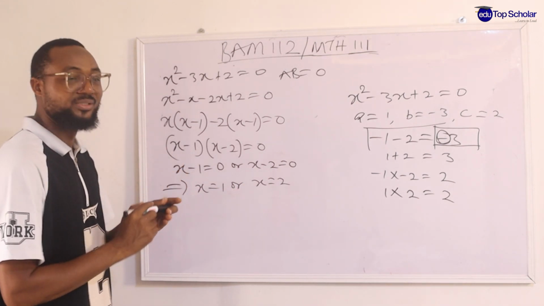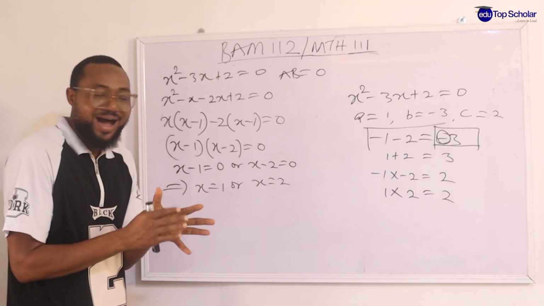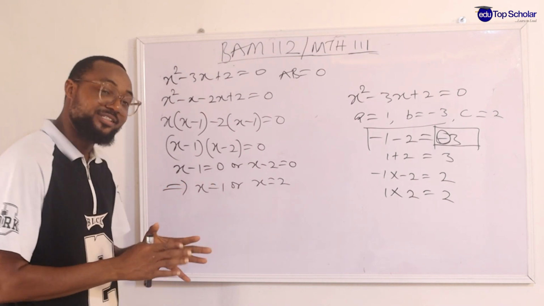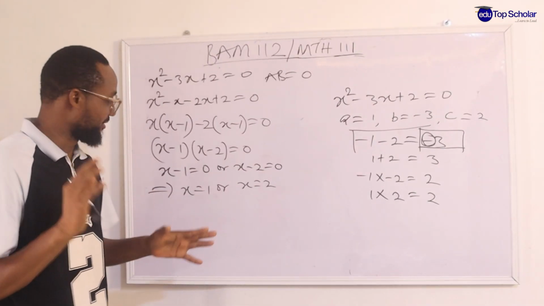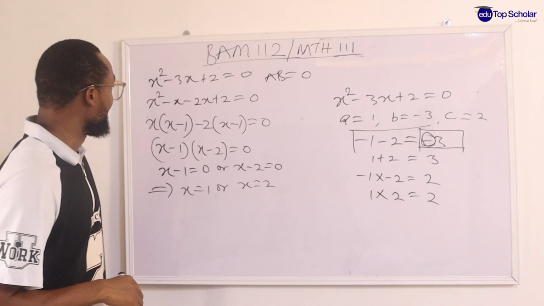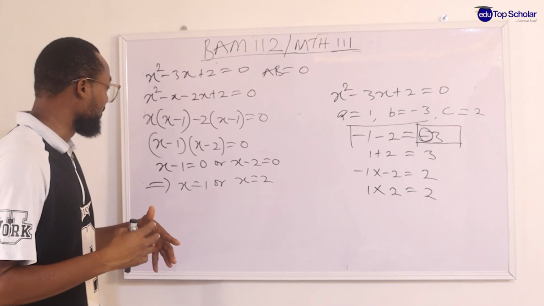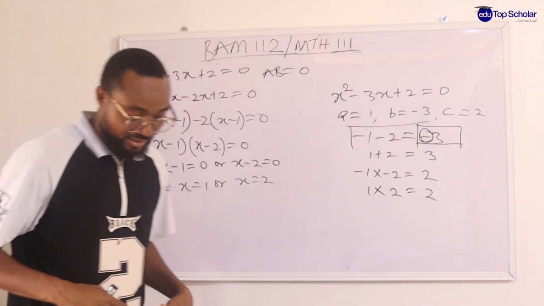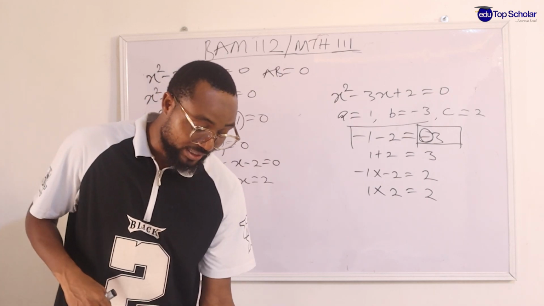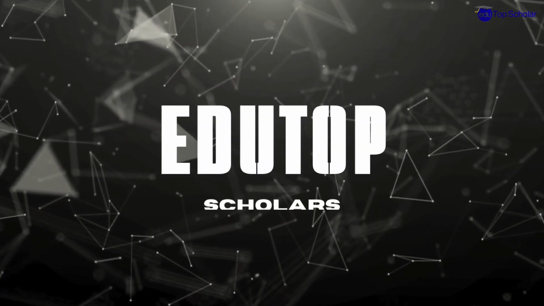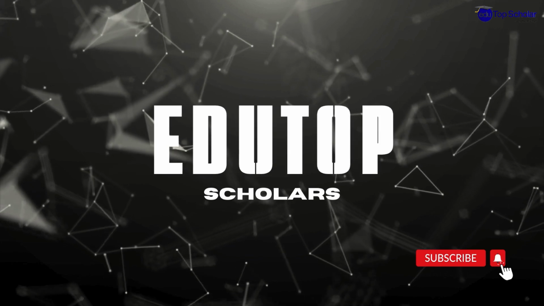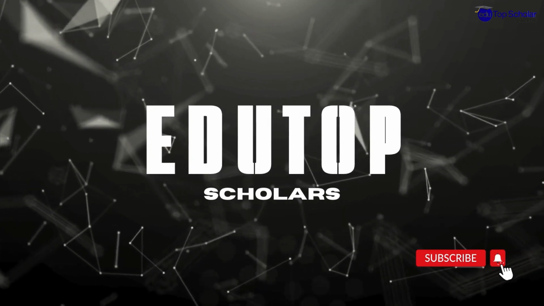So factorization is as simple as reciting 1, 2, 3. Maybe we will have some more examples, but for now, let's quickly look at the remaining two methods.